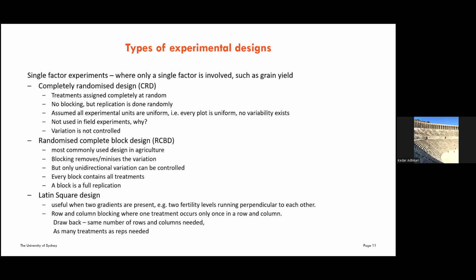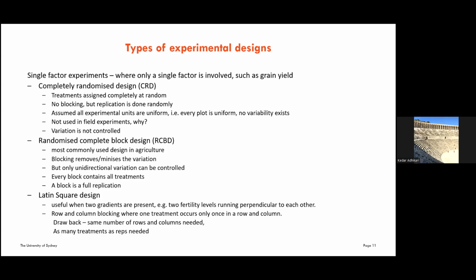For example, if the variation goes from north to south, then you can block from east to west. So the variation within a block is small, but between the blocks it becomes big. That's how you do the blocking.